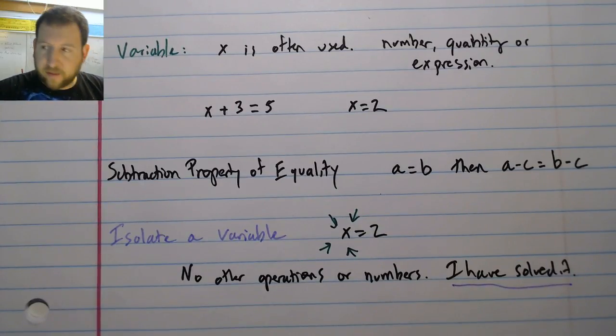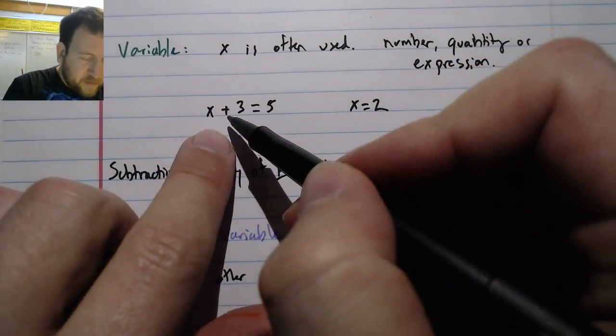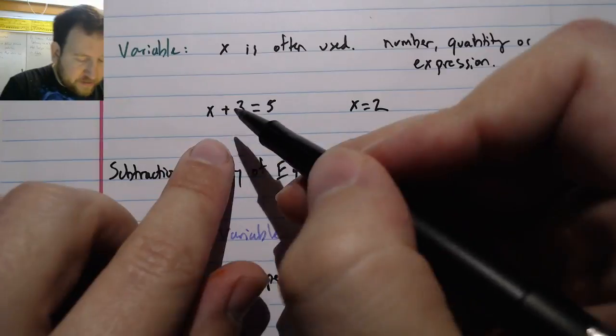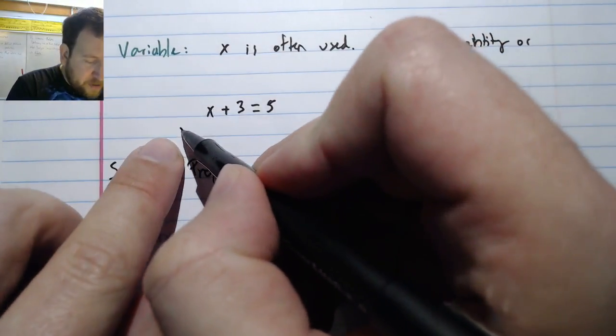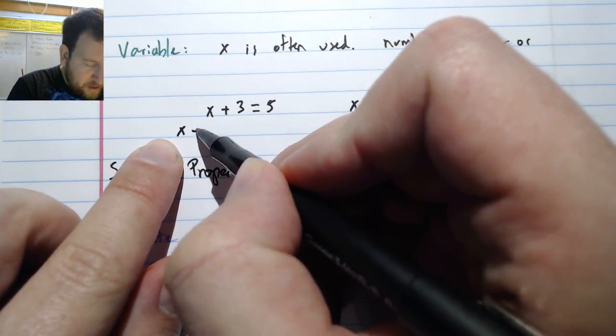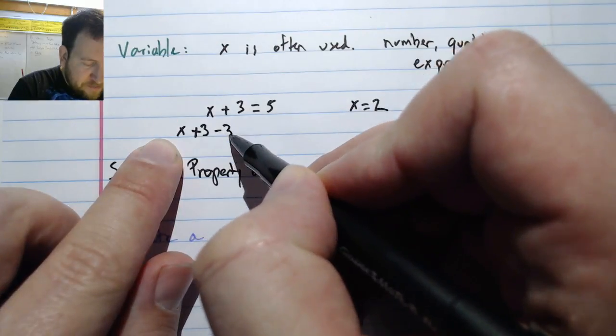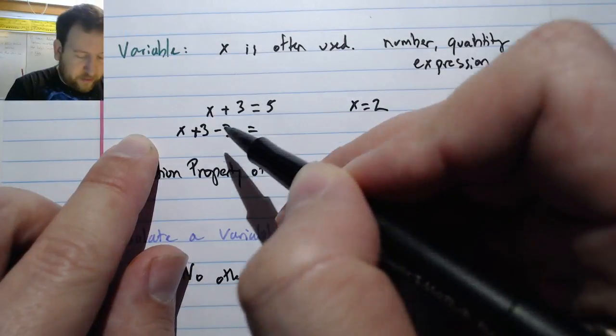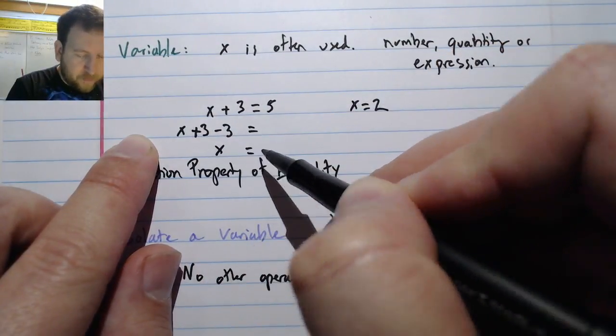Returning up to our x plus 3 up here, to get rid of that plus 3 in my attempt to isolate my x and keep my x on the same side, I'm going to write x plus 3, then I'm going to write my minus 3. Because plus 3 minus 3 is 0, and then I'm going to have x all by itself on this side.